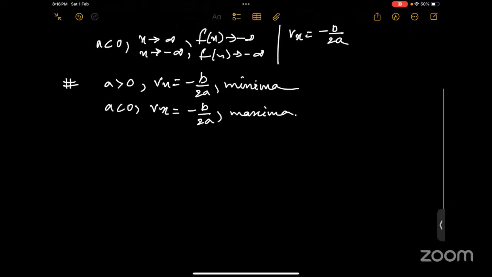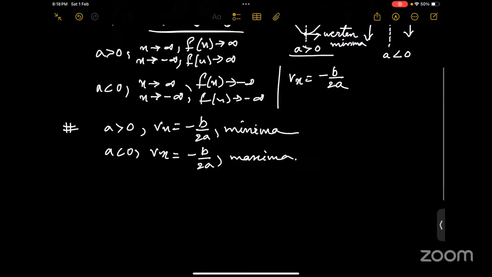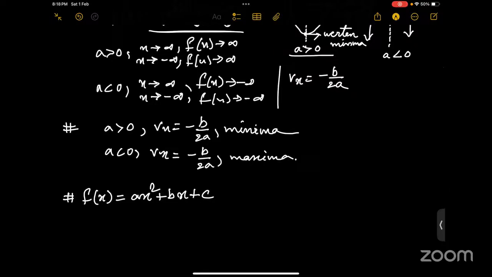Okay. So for a parabola, we can have three types of cases. If I have a general quadratic equation, f(x) equals ax squared plus bx plus c, then we can have three different cases. First, the equation can have two different real roots.